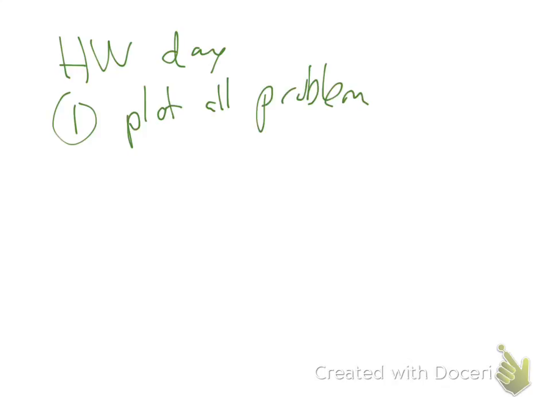Number 1, homework, day 1. Number 1, I want you to plot all problems. So you're going to plot all the problems or graph them. That includes the polar ones and the rectangular.